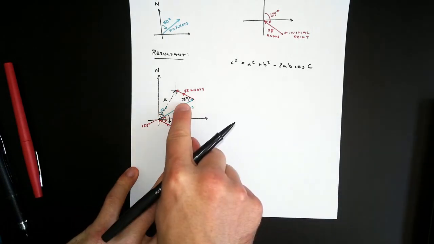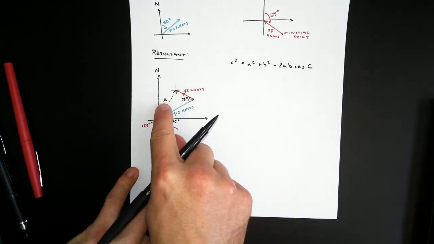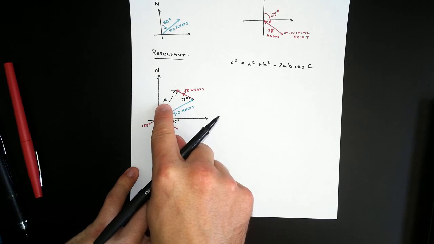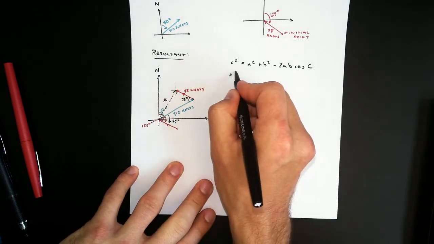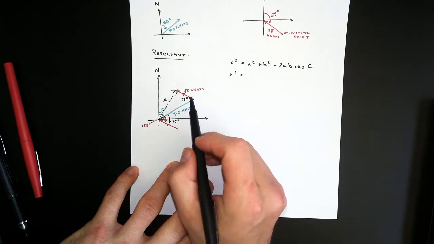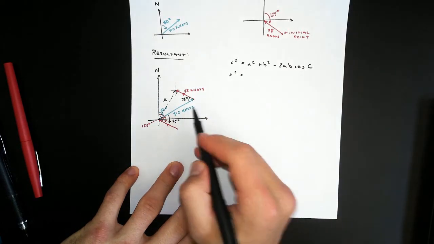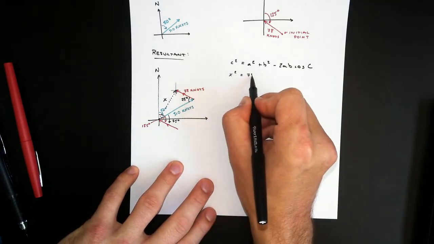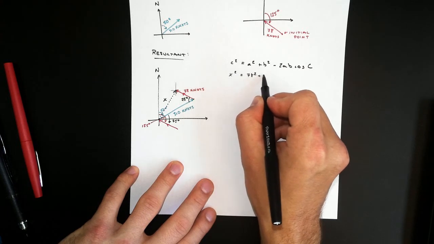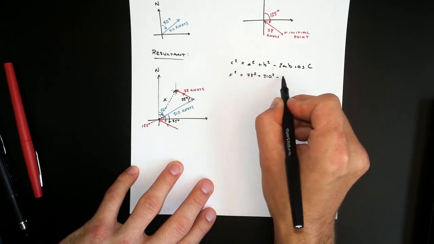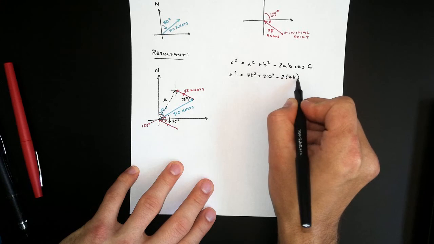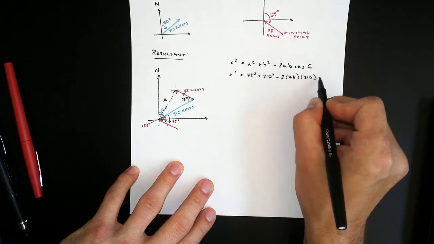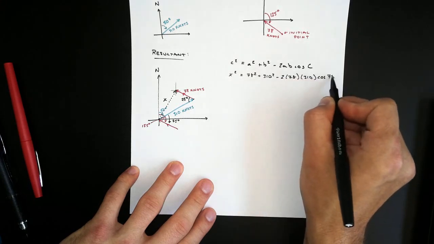So our angle is 75. The side length that matches up with that, the one across from it, is x. So then plugging everything in, a and b, 78 and 310. These are interchangeable. 2 times 78 times 310, and then our angle, cosine of 75.